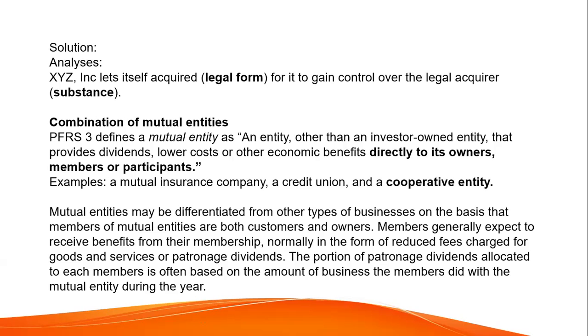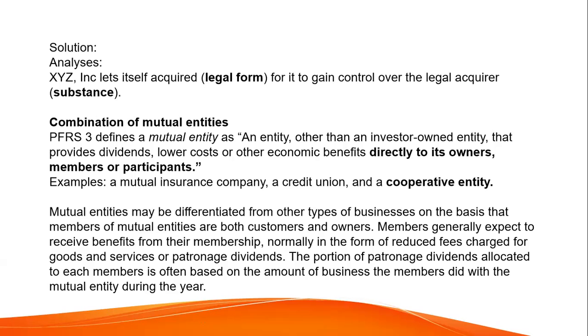Why 80%? If you will find in the given data, the share capital of ABC is a total of 10,000 shares. And now ABC issued to XYZ a total of 40,000 shares. So the total number of shares of ABC is now 50,000 shares.